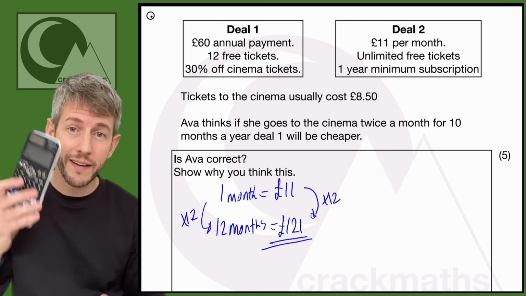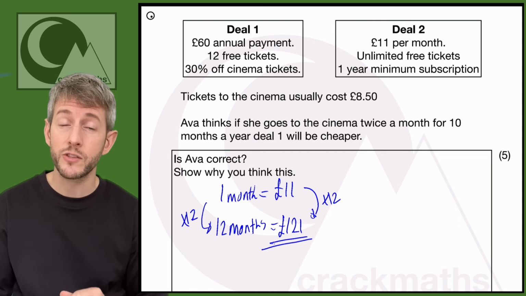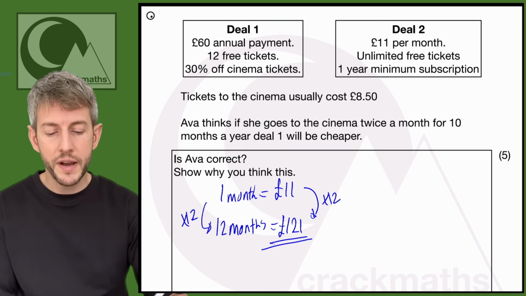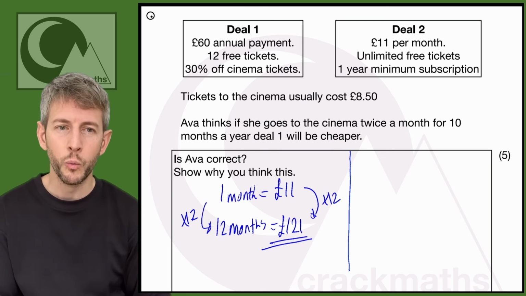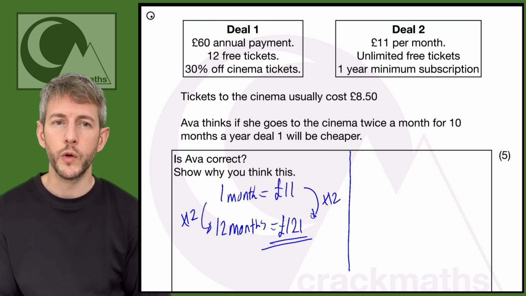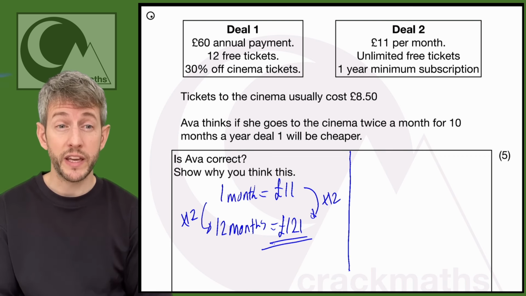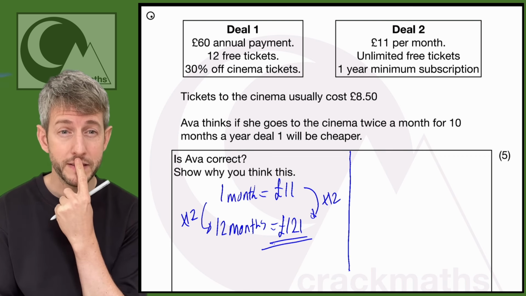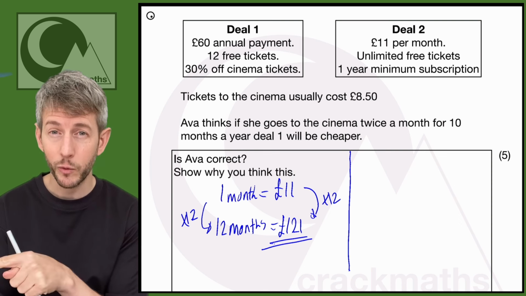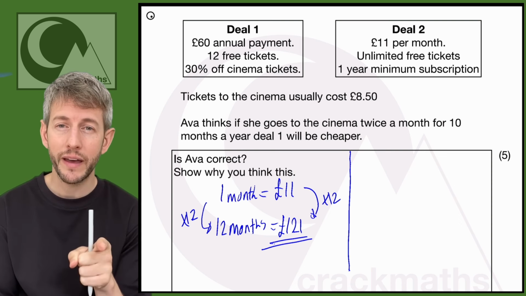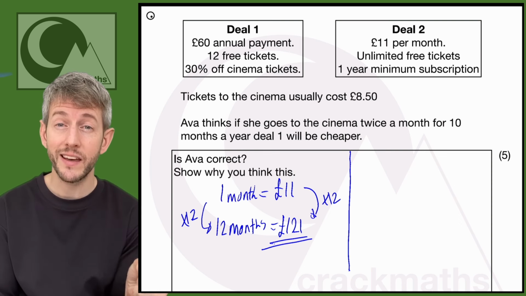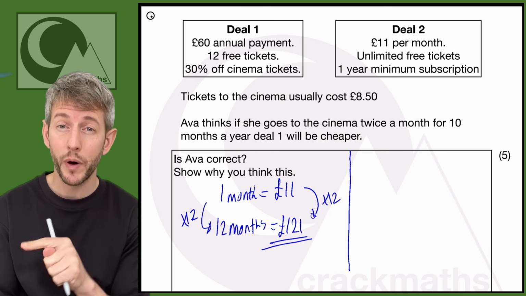Now remember, you've got your calculator, so if you want to do any of those things on your calculator, you can. But now let's have a look at deal 1. Deal 1 is going to be a bit trickier because we've got to work out some things. First of all, I think we need to work out how many tickets a year Ava intends on buying.